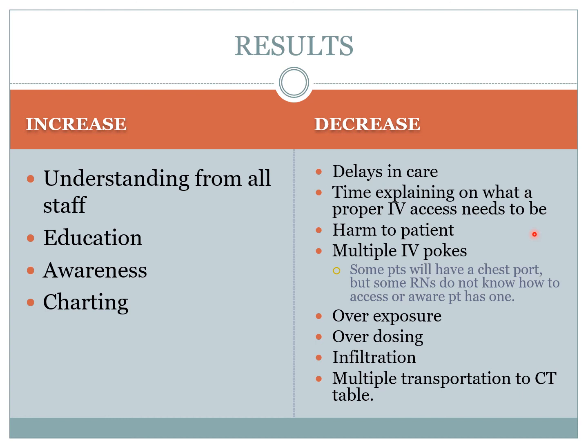So that will cause delays, and some doctors, they're not aware of that. They see that the patient has an IV, but just because the patient does have an IV doesn't mean that we can use it. So that's why it's important for all parties, physicians, nurses, technologists, to understand that. And if we have to keep explaining that to everyone, then that's a delay in patient care.